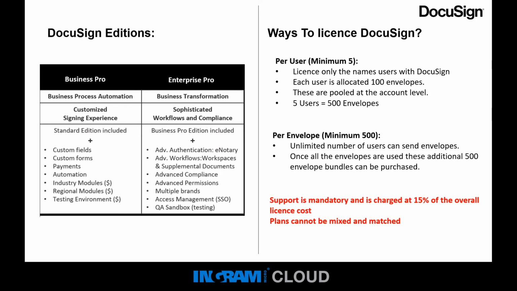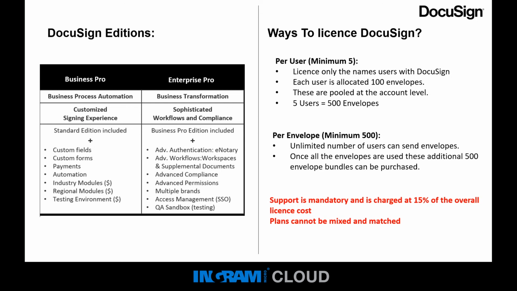So 5 users in the organization will all be named as being able to send documents. Each user is allocated 100 envelopes, but they are pooled at the account level. So 5 users is the equivalent of 500 envelopes. That could be that one user sends 2 envelopes and the other 4 users send the other 498 envelopes, as an example.